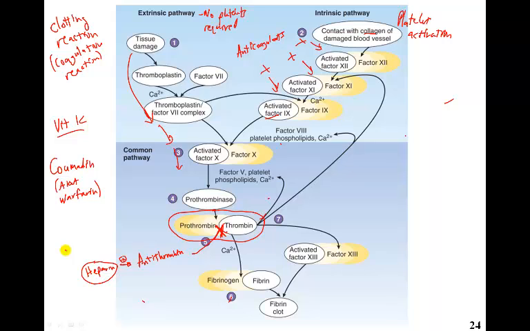But you pretty much have to worry about clotting with all of your patients. So you give them some heparin to reduce their chance of getting a clot. So pretty much all the patients in the hospital all the time are on heparin, just to minimize blood clots.